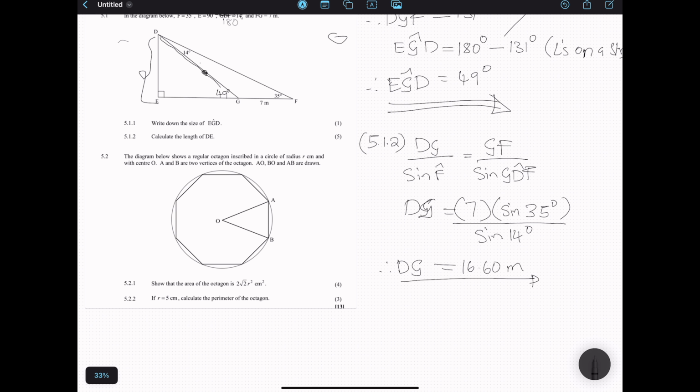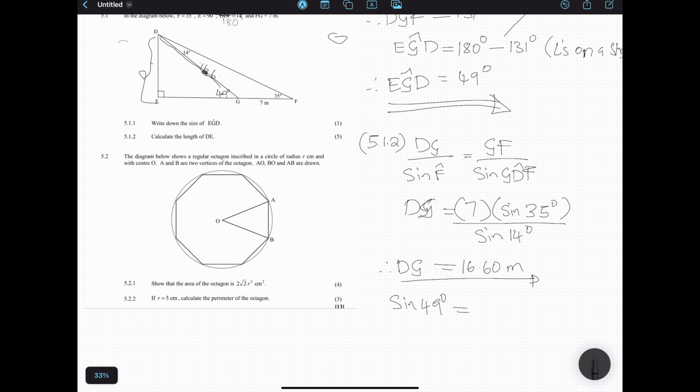So now we have this given as 16.6. Because we have this and this, and we want this, we can use SOH CAH TOA. Sine of this angle of 49 degrees is opposite over hypotenuse.